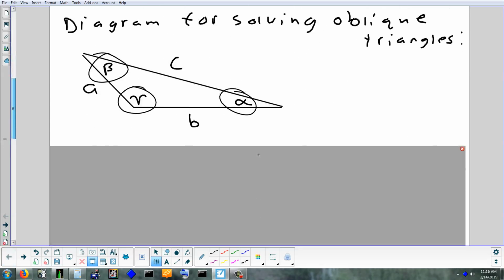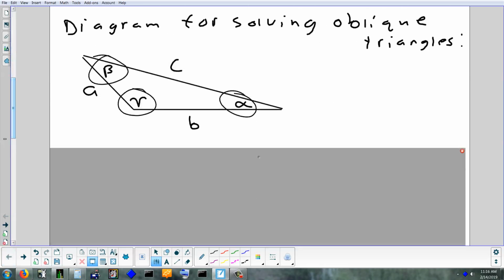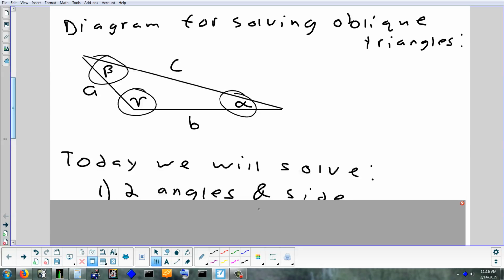So alpha, beta, gamma. And you can draw your triangle any way you want as long as you maintain those relationships. Keep A across from alpha, B across from beta, and C across from gamma. Now, technically, you don't even have to use those letters, but if you do, it just helps to organize things so you don't make a mistake.